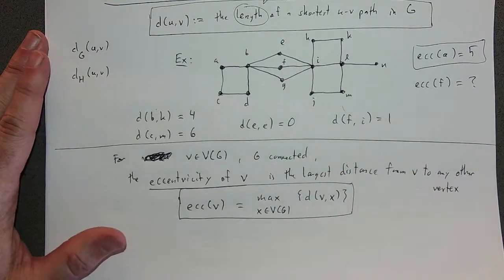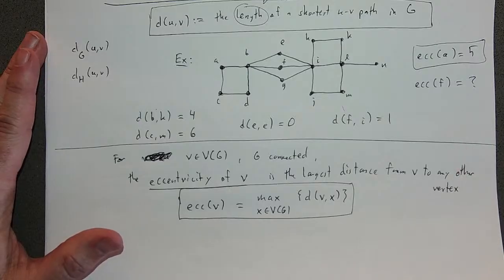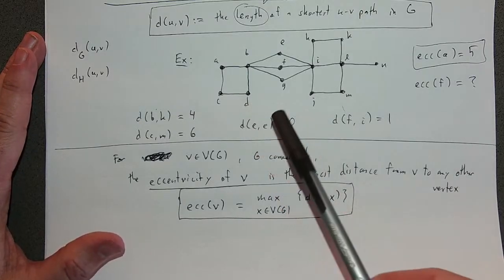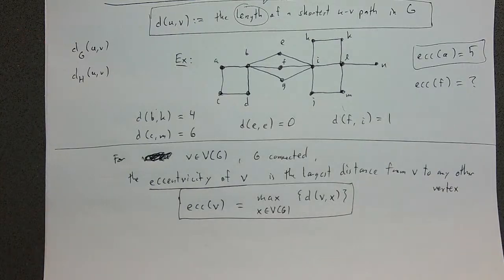In fact, some of these vertices are going to have the smallest possible eccentricity for the graph. There are other vertices that are going to have the largest possible eccentricity. But in terms of how close they are to other vertices in the graph, these are going to be special cases of vertices.